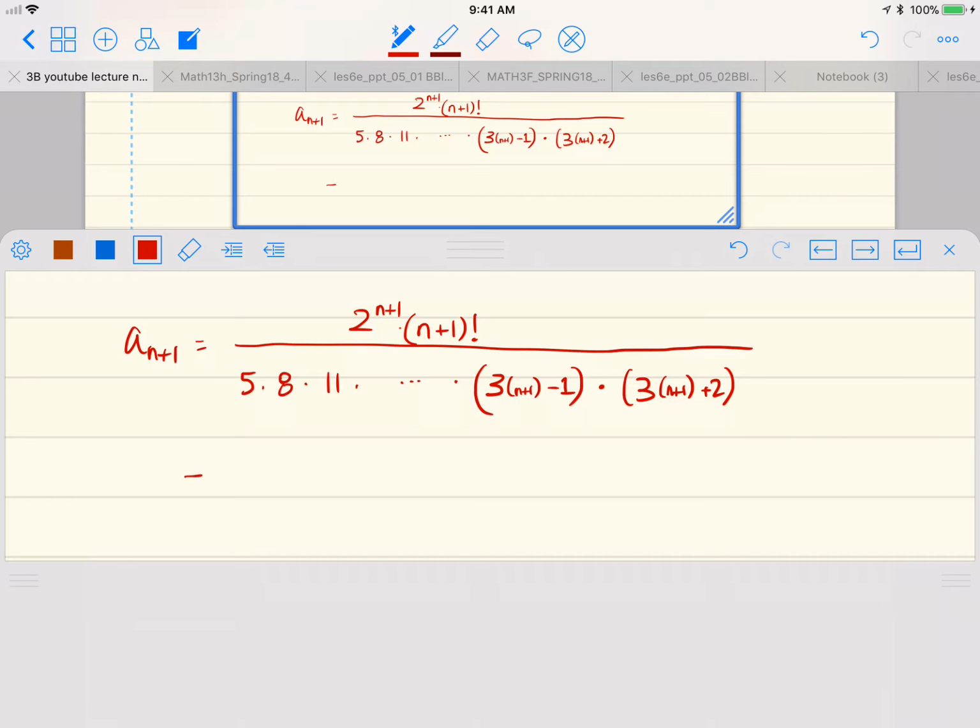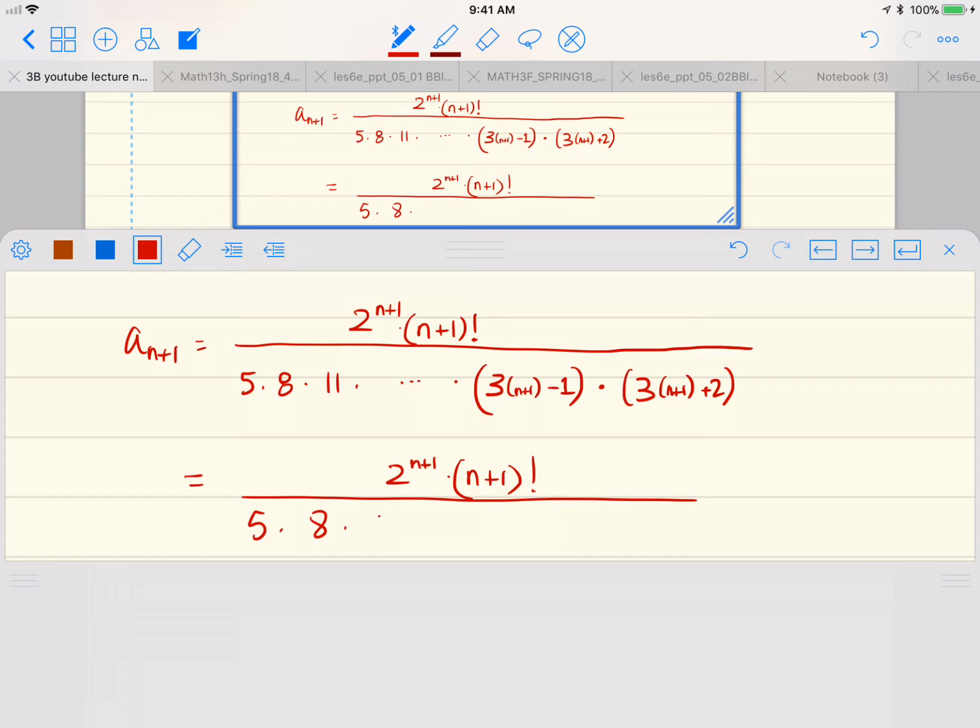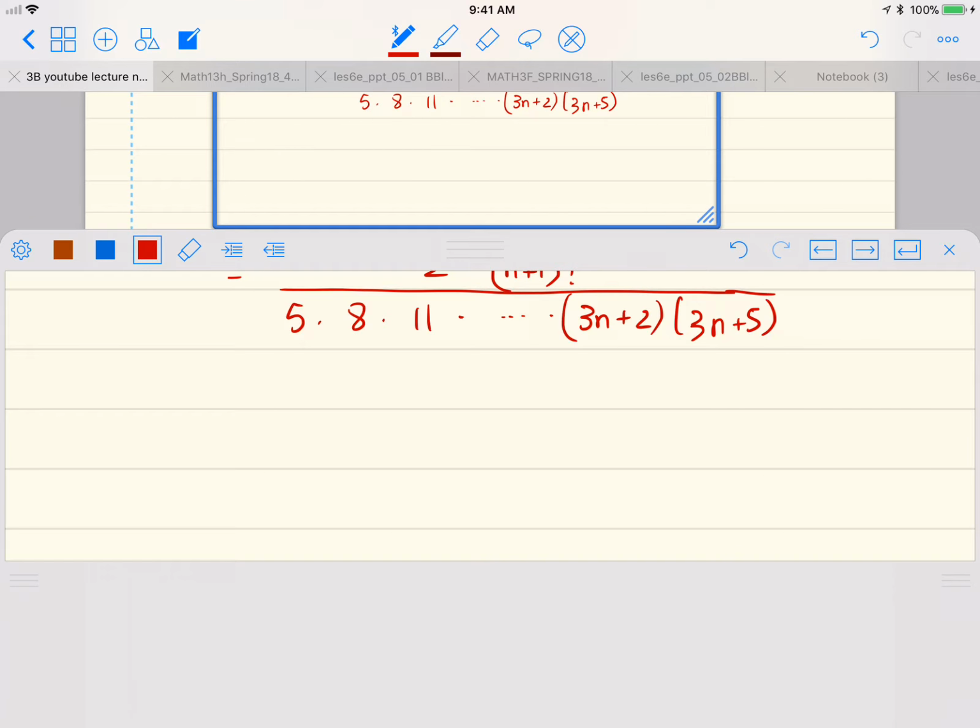Okay, and I can simplify this as 2 to the n plus 1 times n plus 1 factorial over 5 times 8 times 11 times ... 3n plus 2 times 3n plus 5.